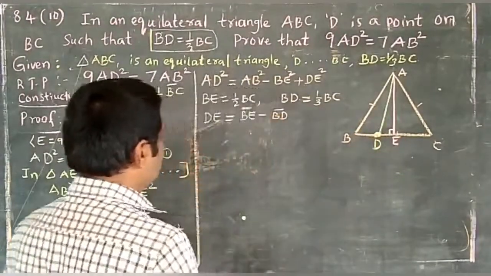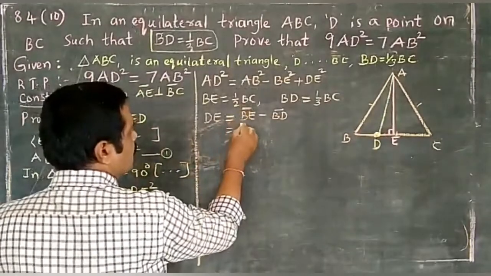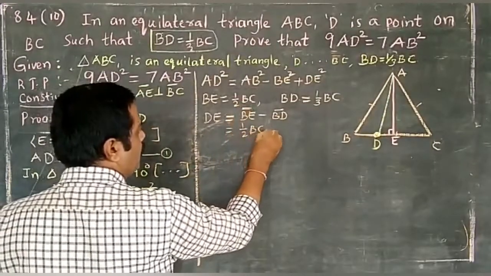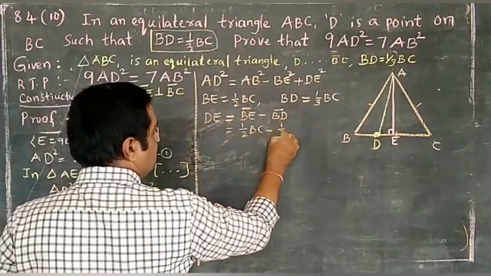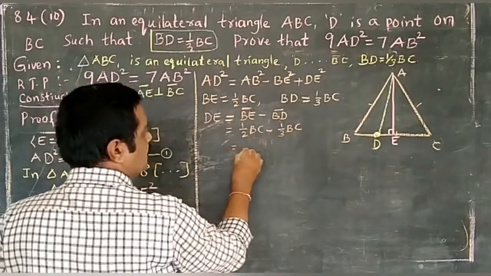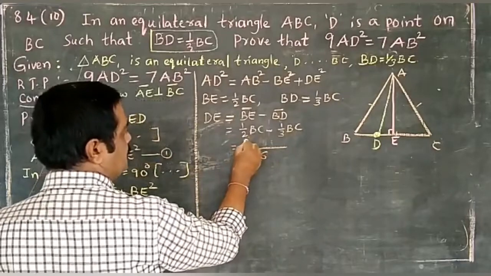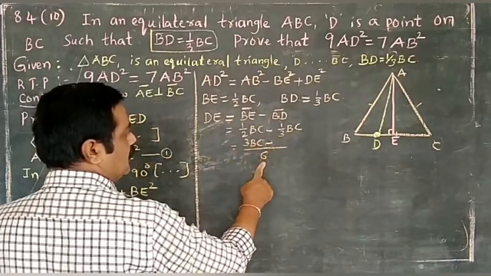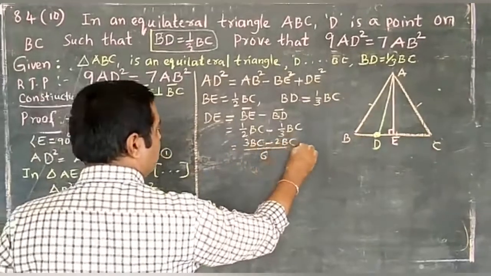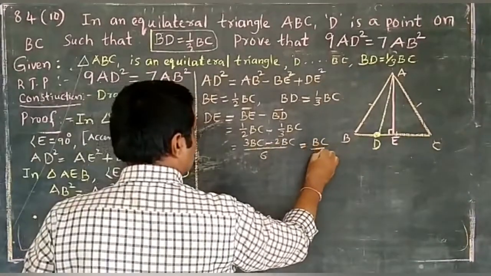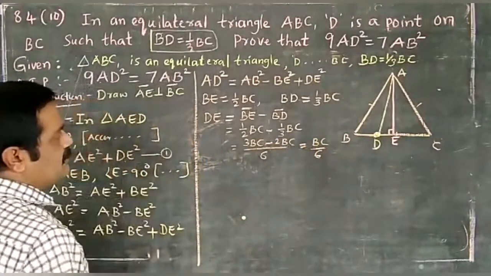So substitute the values: BC by 2 minus BC by 3. 6 is the LCM, so we get 3BC minus 2BC, that is BC by 6. So DE is equal to BC by 6.